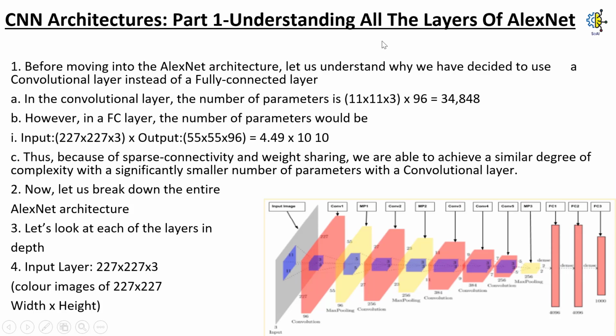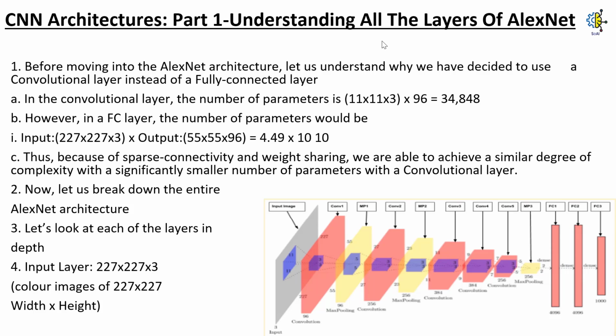Before moving into the AlexNet architecture, let us understand why we have decided to use a convolutional layer instead of a fully connected layer. In the convolutional layer, the number of parameters is 34,848.